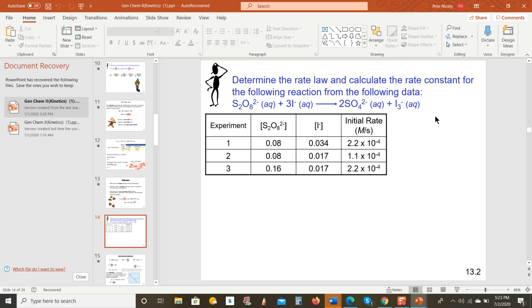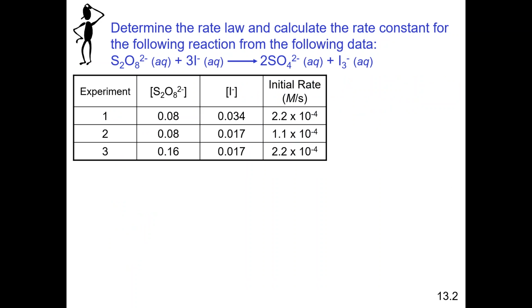Let me go here and choose my ink. I'm going to write down, let me see if I can squeeze it up here since I think I'll need more space down below, the general equation for the rate law for this reaction.